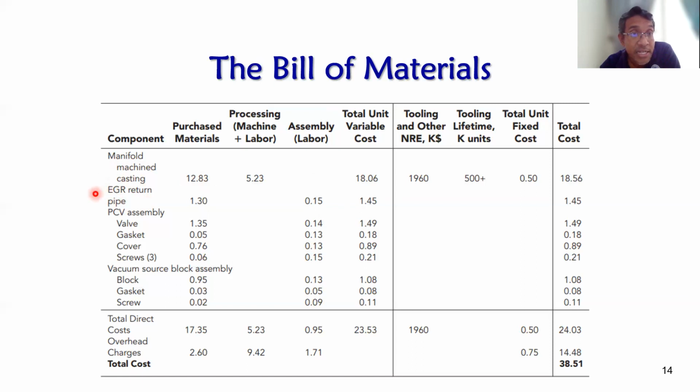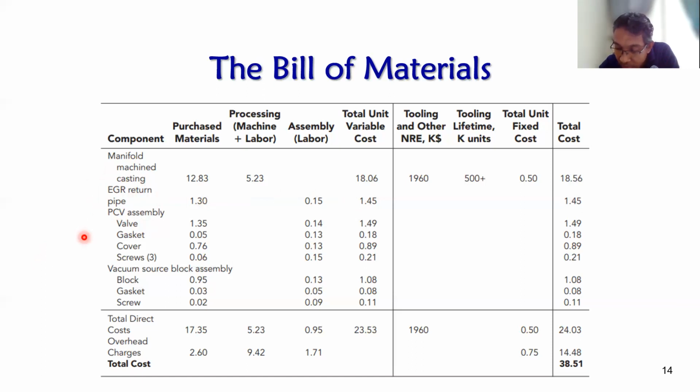The exhaust gas recirculation part connects to the manifold. The part consists of only a pipe, because they use the pipe as a connector to the manifold. And then they assemble it with the PCV assemblies. PCV is also a part that connects to the manifold.